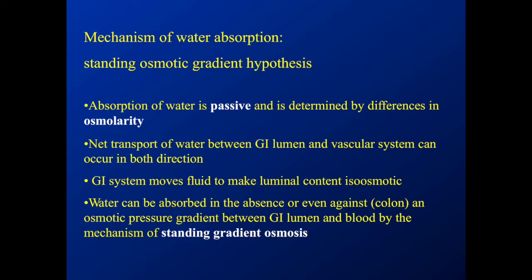But water can be absorbed even in the absence of an osmotic gradient, or even against an osmotic gradient, particularly in the case of the colon. And the way that water flows in this situation is described by the standing gradient osmosis hypothesis.